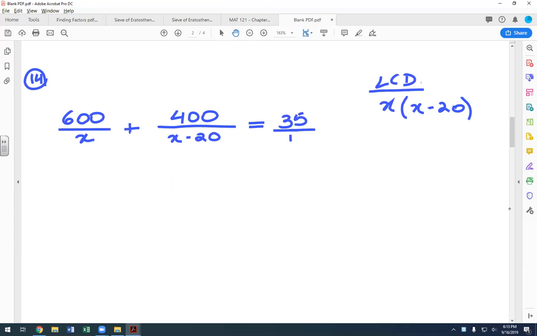Now, keep in mind, when we had done a similar example like this in the beginning of chapter 1, I had talked about how I like to get rid of my denominator so that way I'm not messing around with fractions anymore. I'm actually going to use that same concept here. So that means every one of these terms is going to be multiplied with our least common denominator.